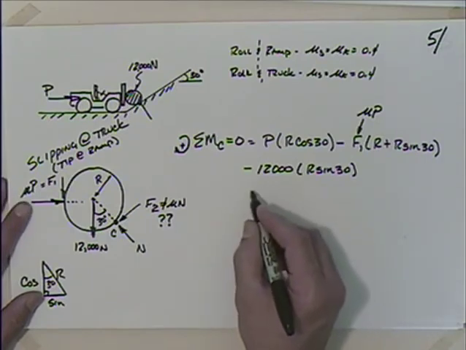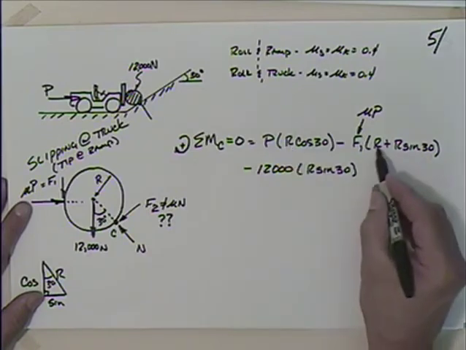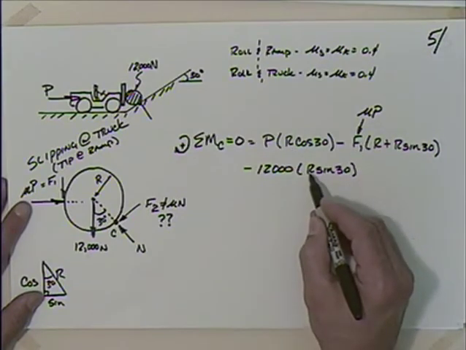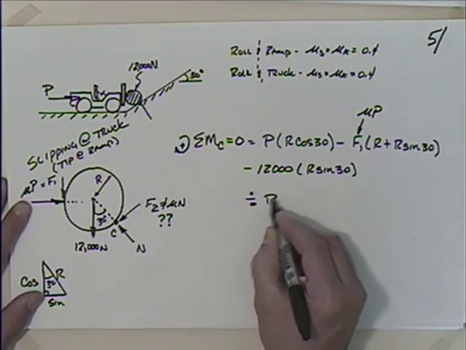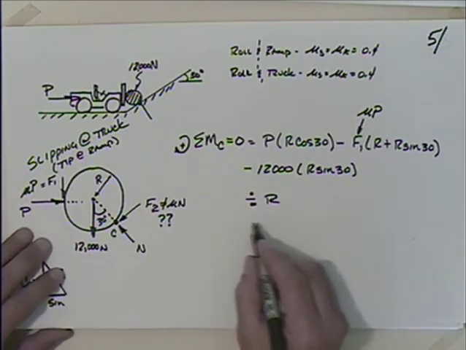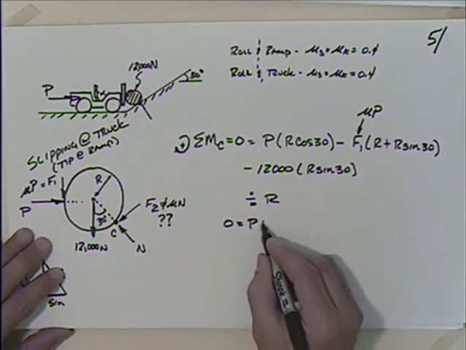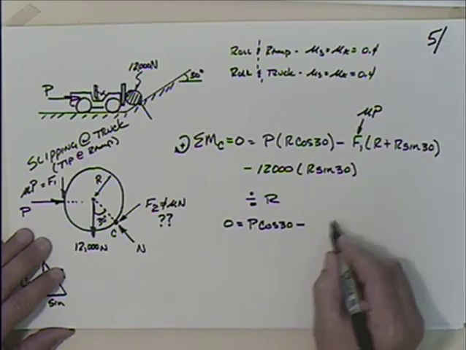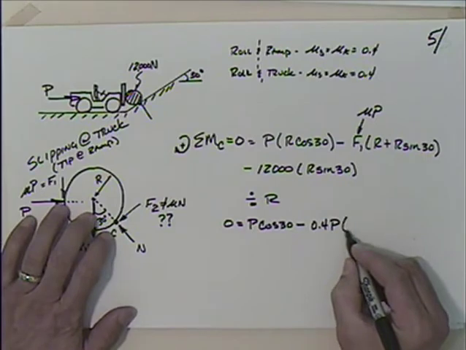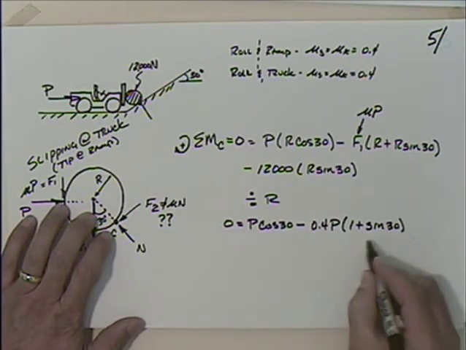If I divide everything by R, there's an R here, there's an R there, and there, that could be factored out. So I can divide by R, and essentially come up with 0 is equal to P times cosine 30 minus mu times P, so that's 0.4 times P times 1 plus sine 30.